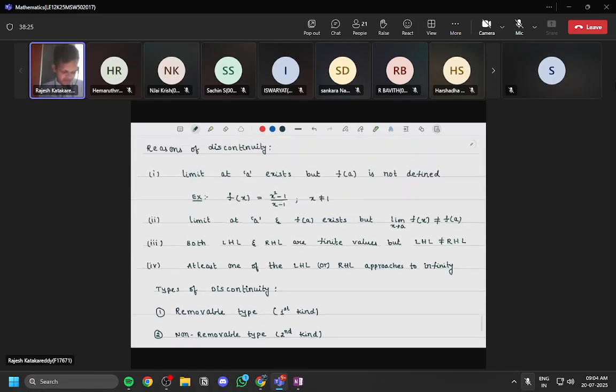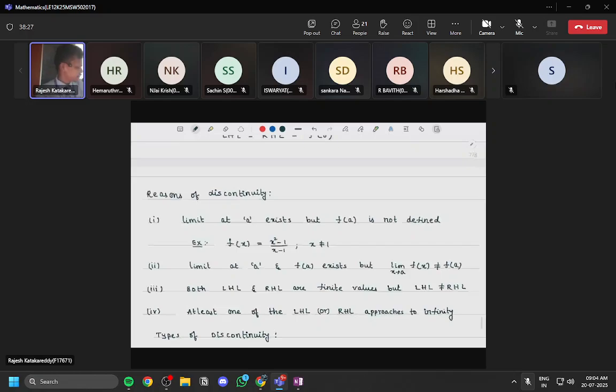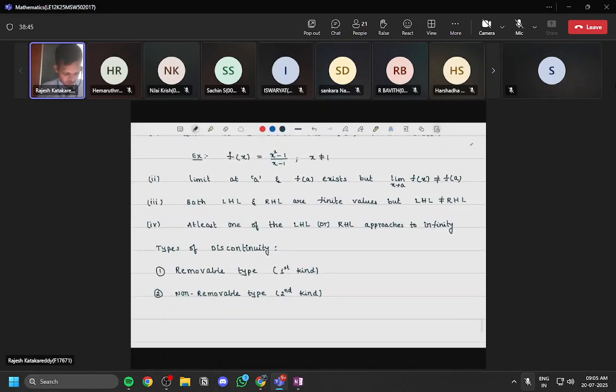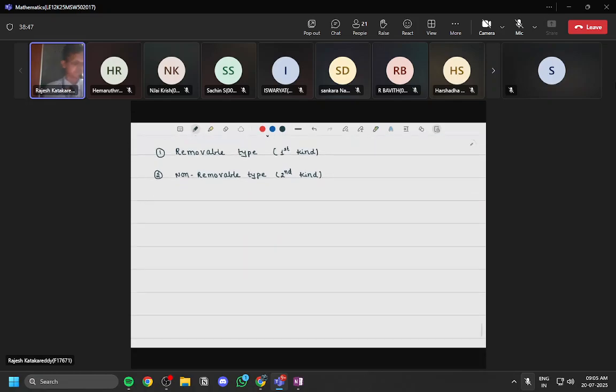In this case, f of 1 is not defined. I can add the value of f of 1 as the same as the limit value. What is the limit value in this case? 2. So I'll make f of 1 as 2. Then it is a continuous function. That is what we mean by making continuous.